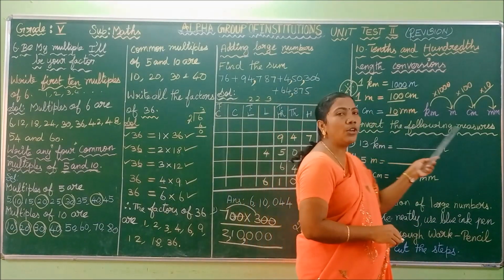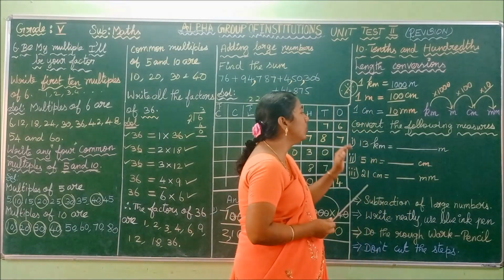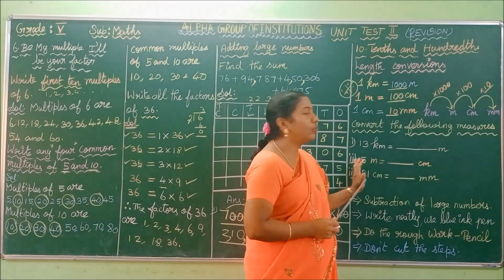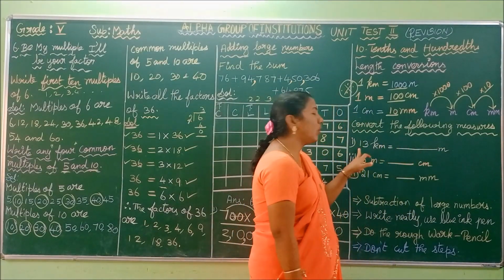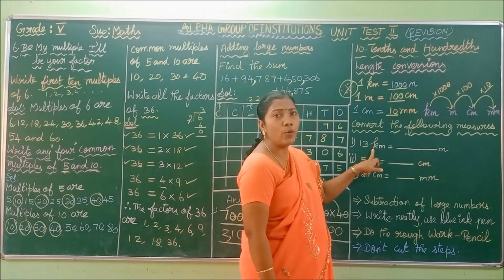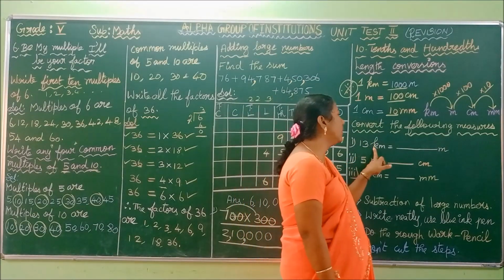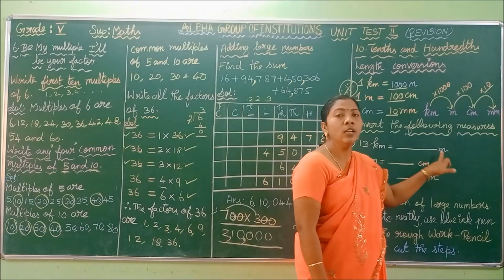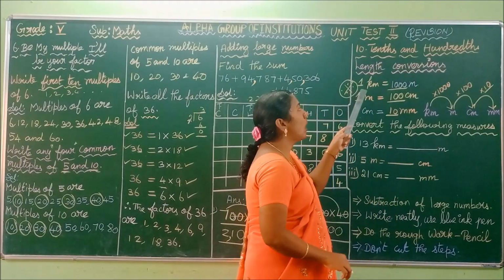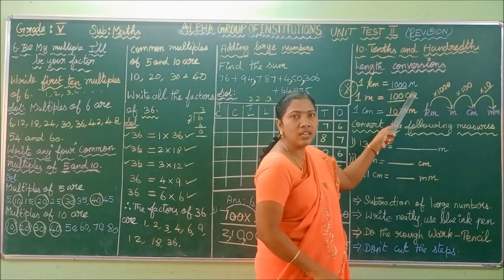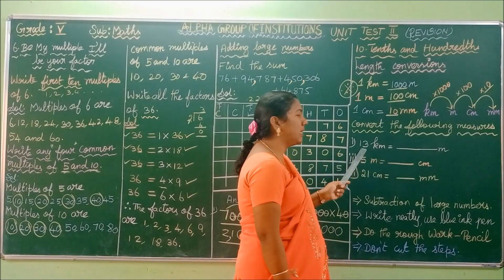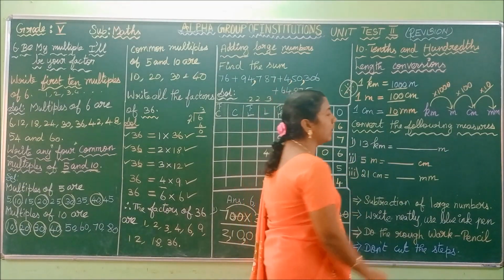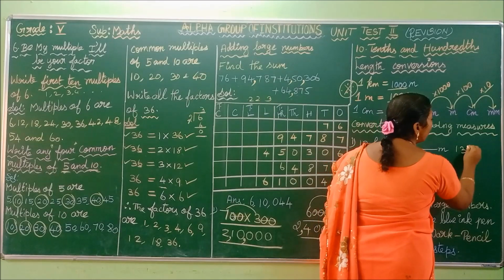See the sums. Convert the following measures. See here, what is the first one? 13 kilometer. They asked to convert the kilometer into meter. We know the conversion formula. 1 kilometer equal to 1000 meter. So you have to multiply the given value by 1000. So 13 into 1000.